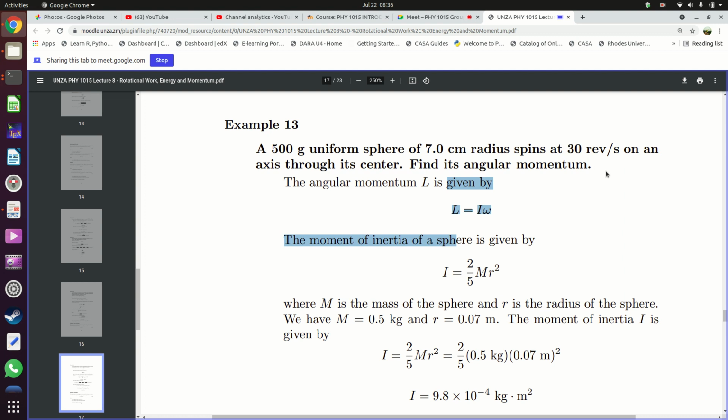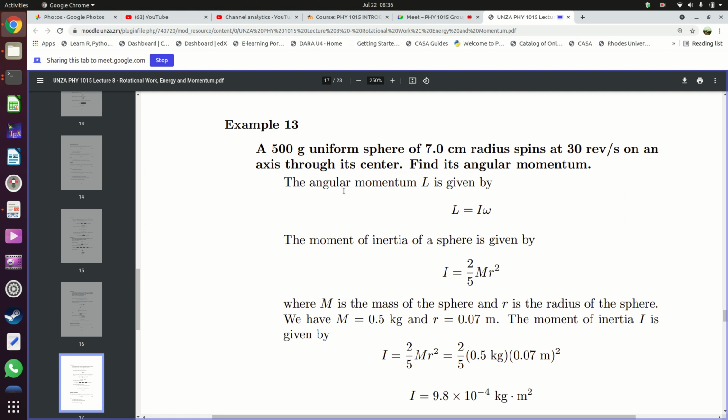Find its angular momentum. So basically, they are asking us to find the amount of rotational motion which this particular object is undergoing as it spins on its axis at 30 revolutions per second, when you've got a sphere of mass 500 grams and radius r.